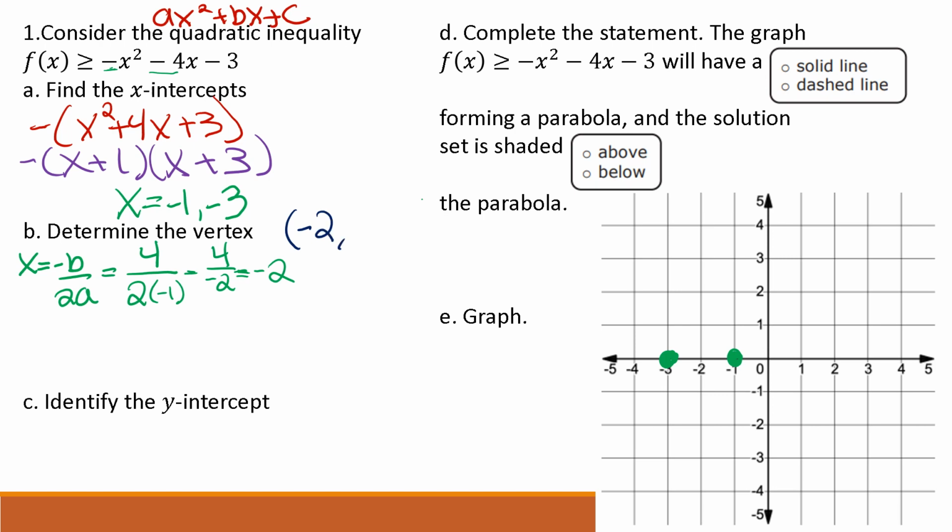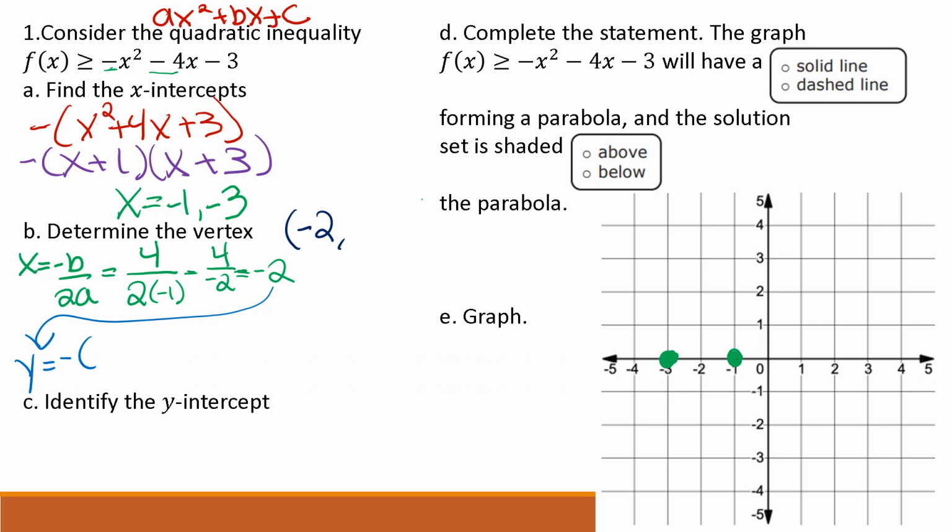So your vertex is an ordered pair, right? It's the highest or lowest point. That's the x value of the vertex, so we have to plug it back in and figure out what y is. We're going to plug -2 into the equation and see what we get. Everywhere I see an x, I'm plugging in -2.